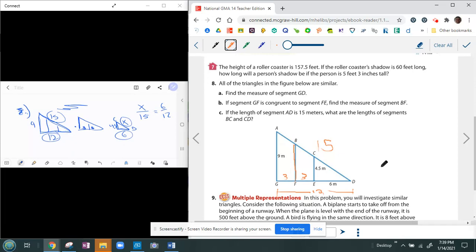Oh, look at that. I see that the scale factor there is times 2. That's cool. When we do the cross multiplication, we find that CD comes to 7.5.